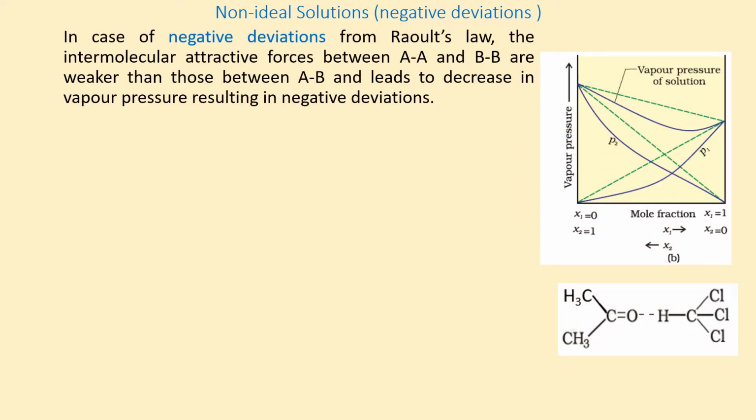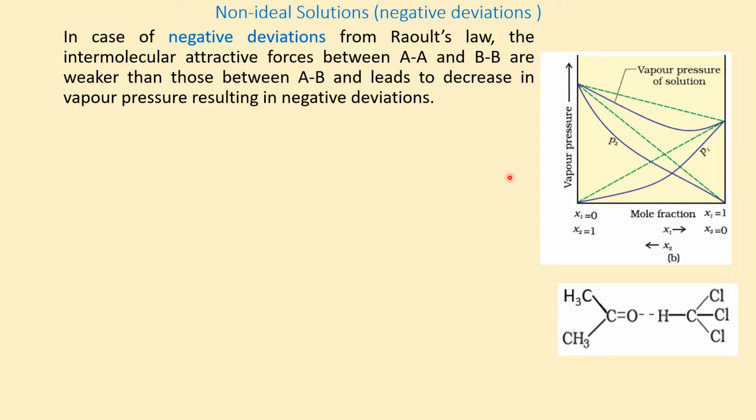Non-ideal solutions, negative deviations. In case of negative deviations from Raoult's law, the intermolecular attractive forces between A-A and B-B are weaker than those between A-B, which leads to a decrease in the vapor pressure, resulting in the negative deviations as shown in the figure. This is the negative deviation.